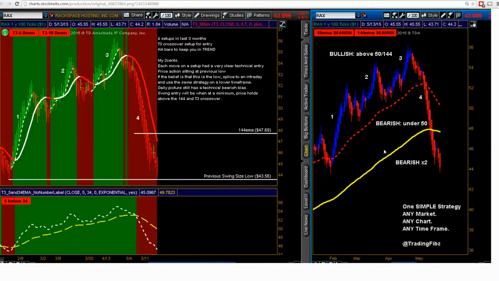So if I believe that RAX, based on strong fundamentals, is to make its way back upside, yeah, a little bit of a sell-off, then I'm going to wait for price action to at least break the 144 and to show me on a smaller time frame. This is a 100-tick range chart. I'd probably go to a 50-tick range chart to splice into the trade to the upside. So there's RAX for you.